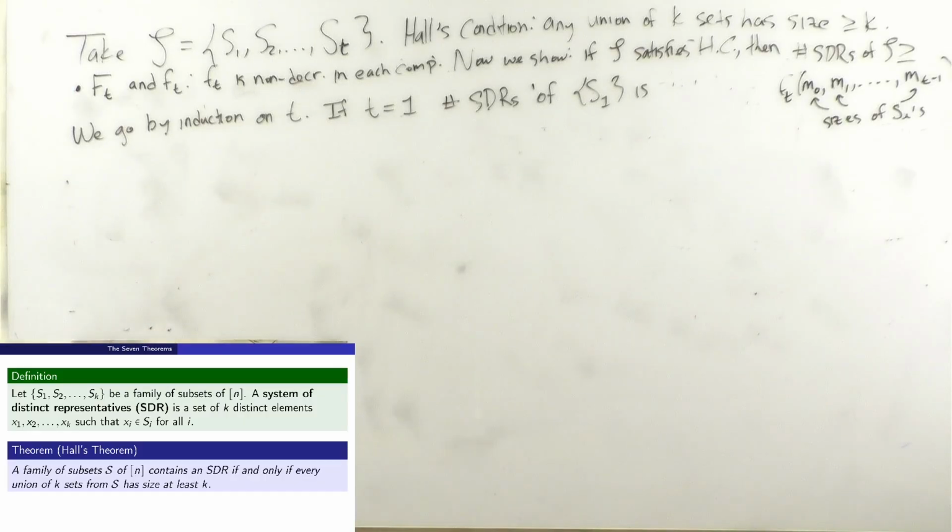How many systems of distinct representatives do I have of a family with one set in it? Yeah, there's definitely at least one, unless this is an empty set, in which case it's silly.